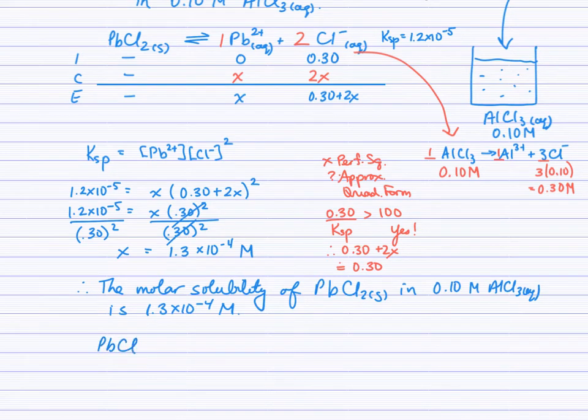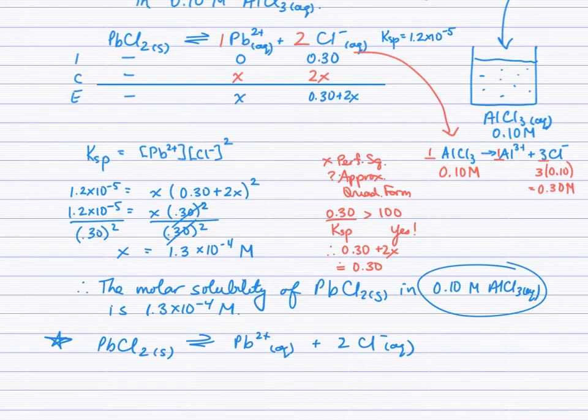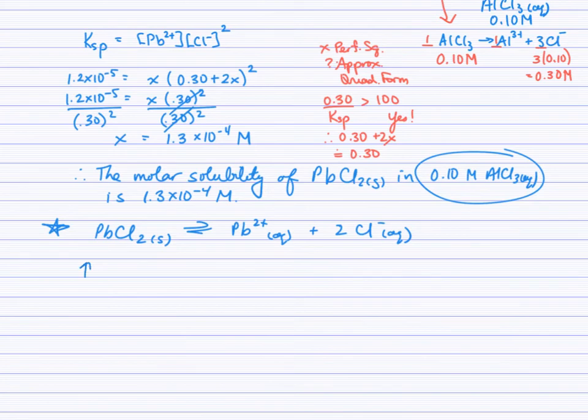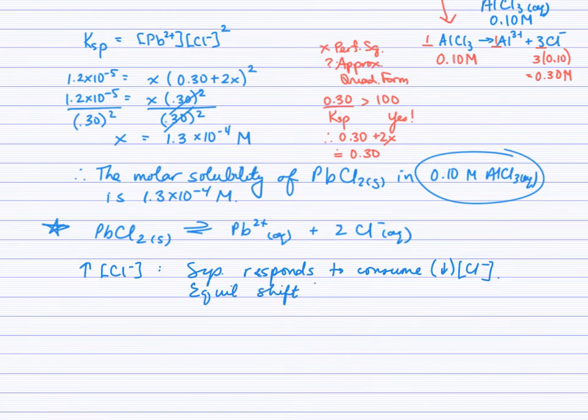If we have the PbCl2 solid in equilibrium with its ions, and we introduce an ion, like the chloride ion, from this aluminum chloride, if we apply Le Chatelier's principle, we're essentially increasing the chloride ion. So we would expect the system to respond to consume or try to decrease that chloride ion concentration, which in this case means the equilibrium is going to shift left.